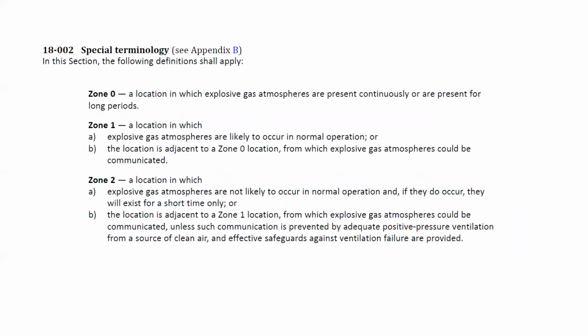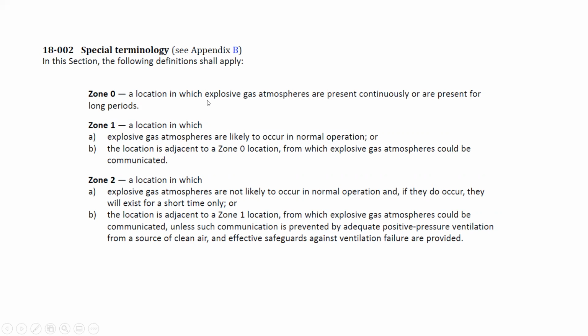If we look in special terminology, we can see what the different types of classifications will be. The zone system, as it seems from its name, is divided into 6 different zones. 3 of them are gas, 3 are going to be dust related. What you will notice is that they get less and less hazardous as we go increasing in numbers.